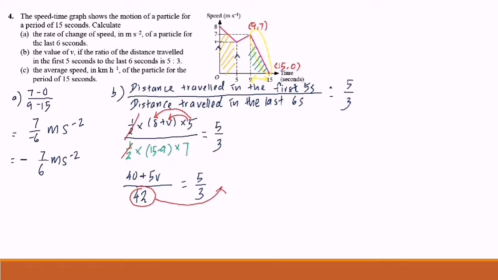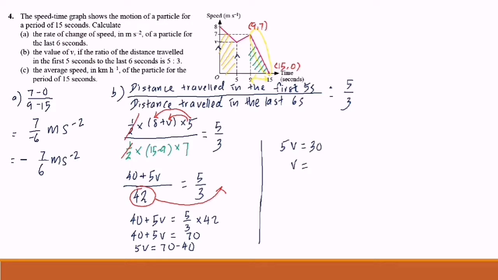So divide, opposite of divide is multiply. 40 plus 5V equals 5 over 3 times 42. 40 plus 5V equals 70. 5V equals 70 minus 40. 5V equals 30.